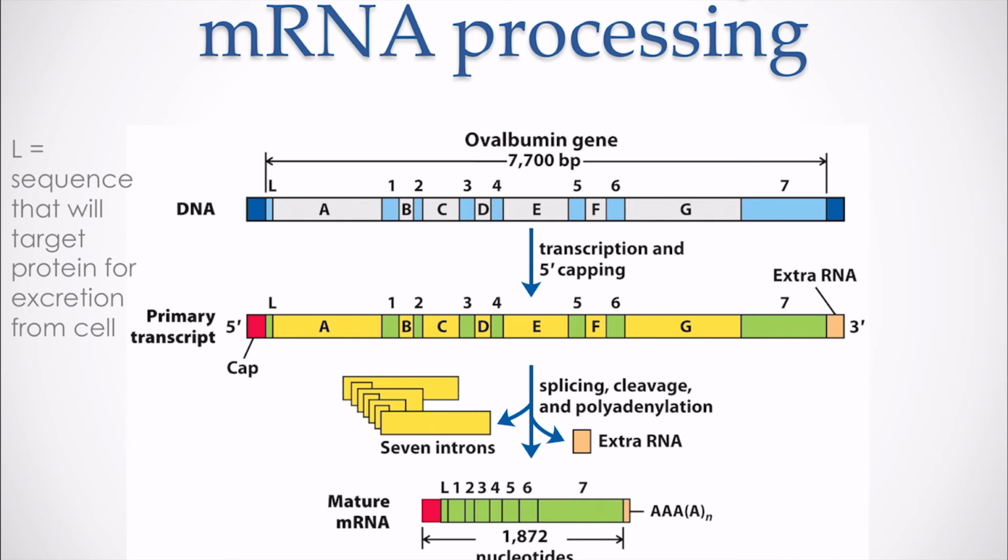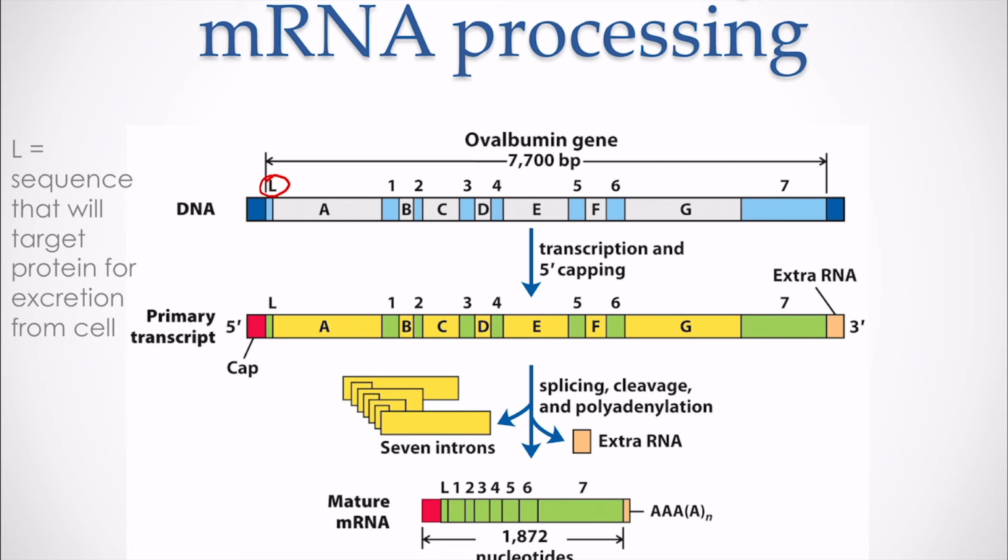Okay, so this is just an overview. This is the ovalbumin gene, similar to something like serum albumin. In here we have our leader sequence, which is this L here. And this will tell the protein where it needs to go after it's been translated. The leader sequence for ovalbumin will tell it that it needs to be secreted from the cell.